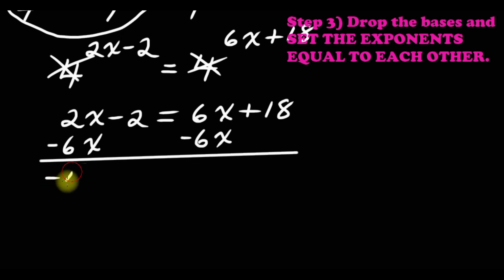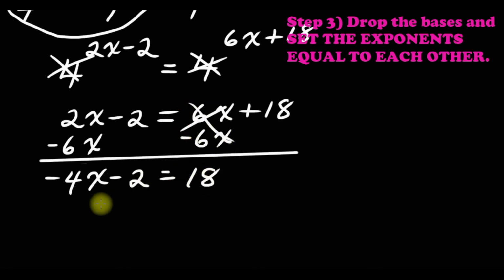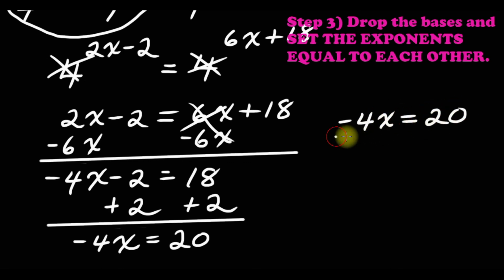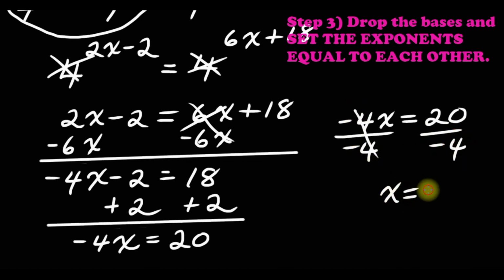Okay, so here I have negative 4x minus 2 equals 18. And then plus 2, plus 2, so negative 4x is 20. Divide by negative 4, divide by negative 4. x is negative 5.